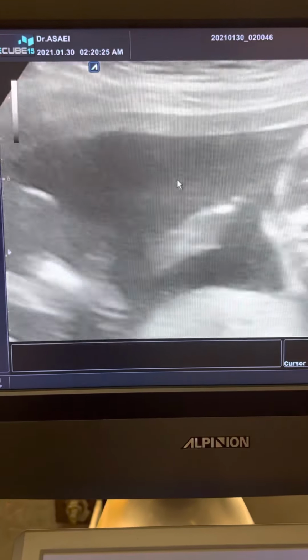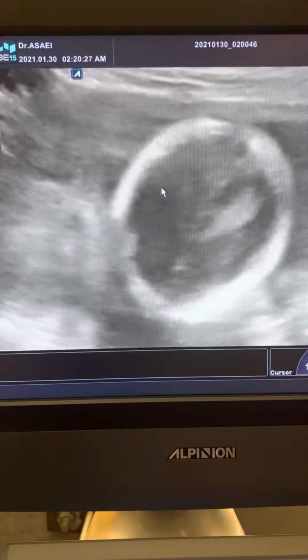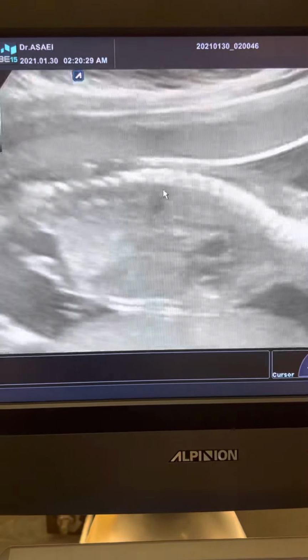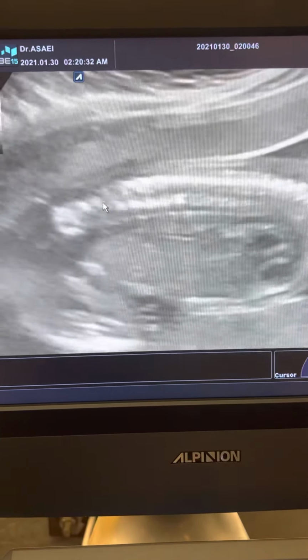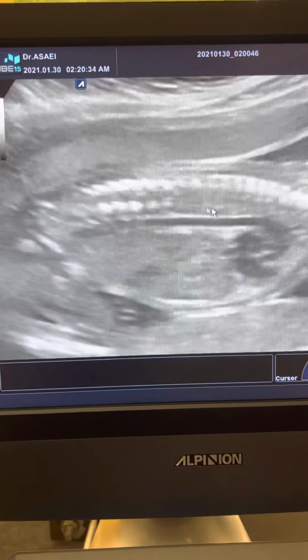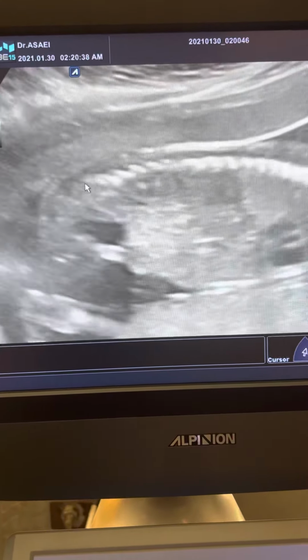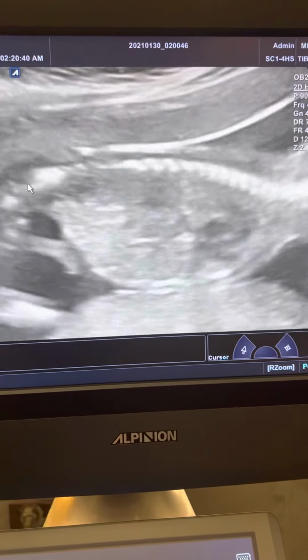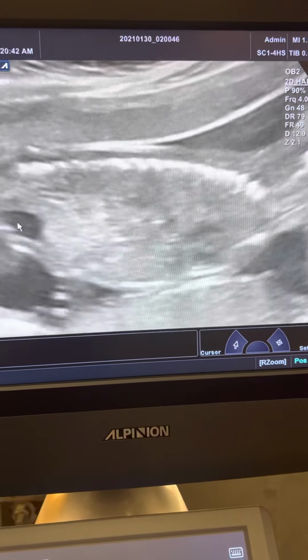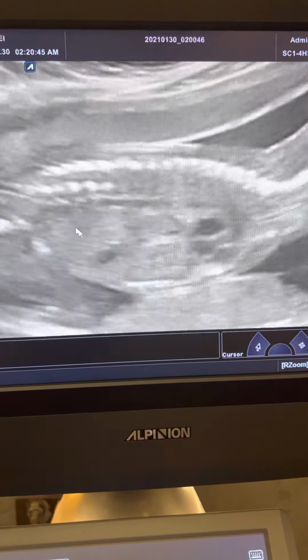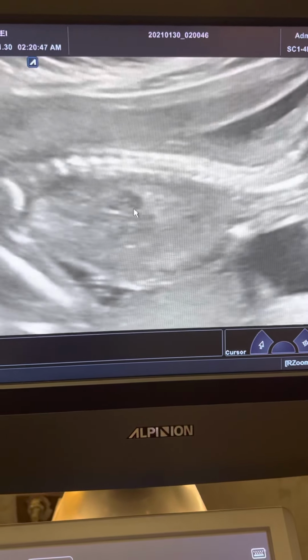So we'll continue to the second fetus. This is the middle fetus. We see the spine here completely intact, especially the lumbosacral area. The urinary bladder is here, stomach is here.